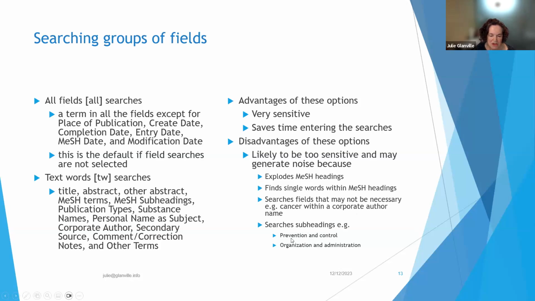And sometimes if your search is also being run in the mesh subheadings, you may get a lot of noise because your sense of the word prevention or control or organization or administration may be being used in a different sense than the mesh subheading sense.